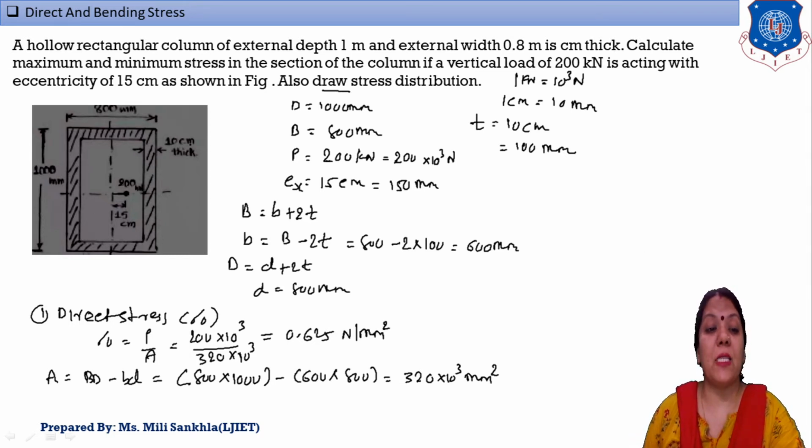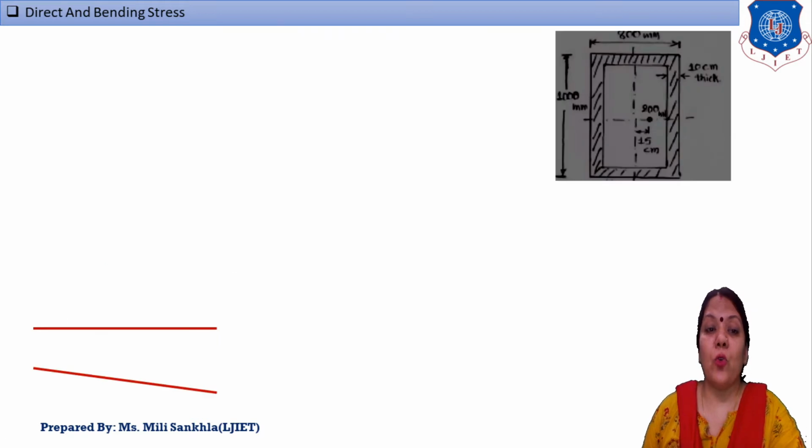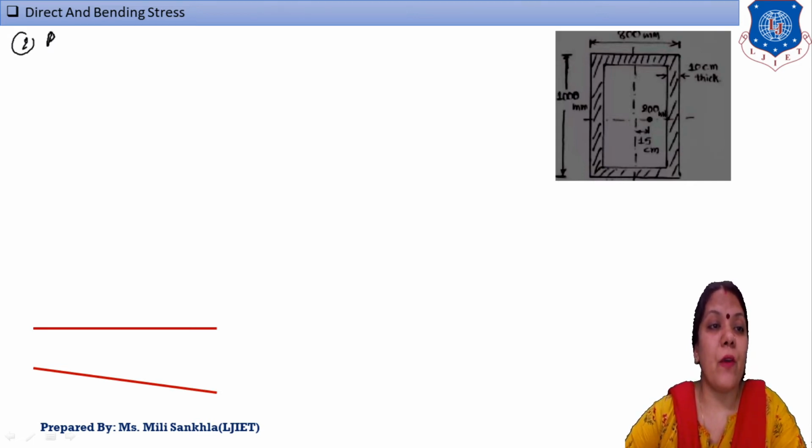Now next we find out bending stress. First of all we write down our equation of bending stress. Here eccentricity about the x-axis is given, so we find bending stress about the y-axis. First make a heading, we find bending stress, and the notation is sigma b.